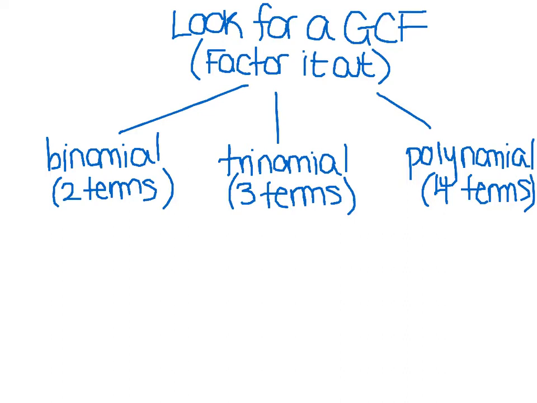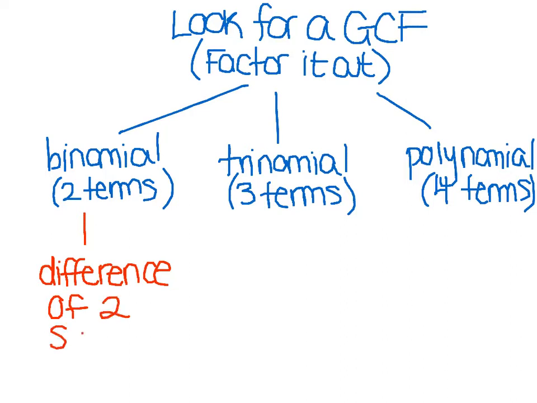If you see that it's a binomial, two terms, you're going to look, is it a difference of two squares? Is it a squared minus b squared? If it is, factor it. If it's not, you're done.